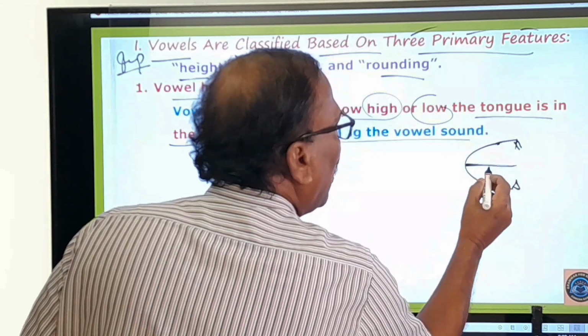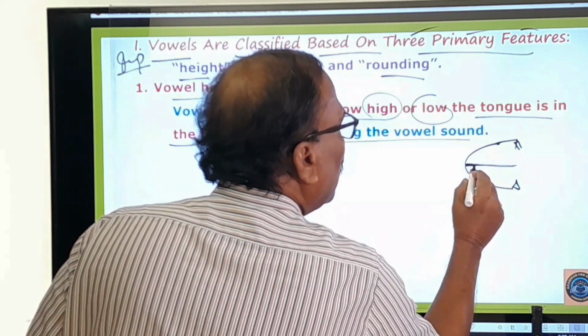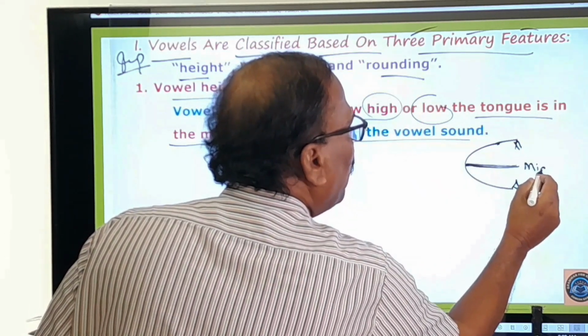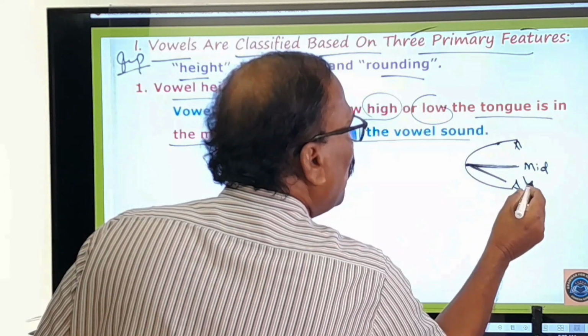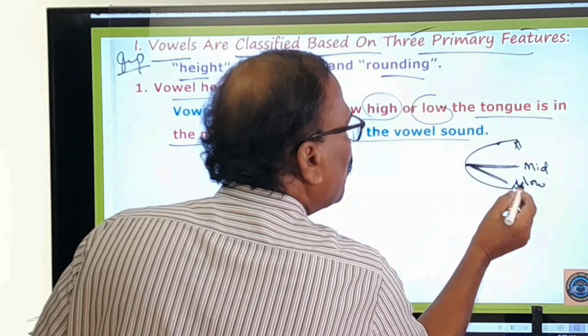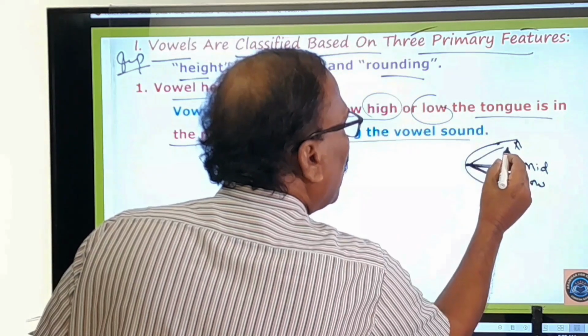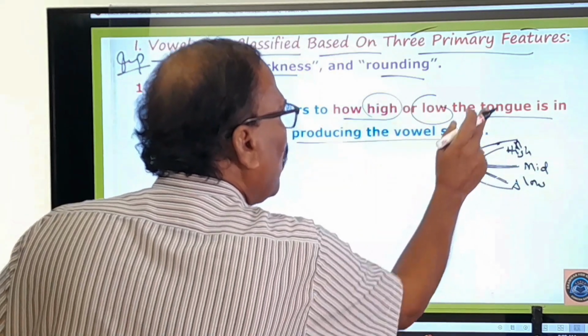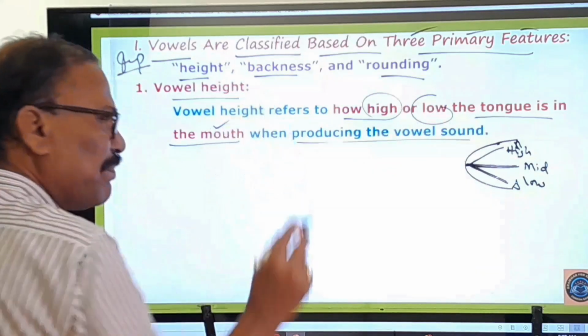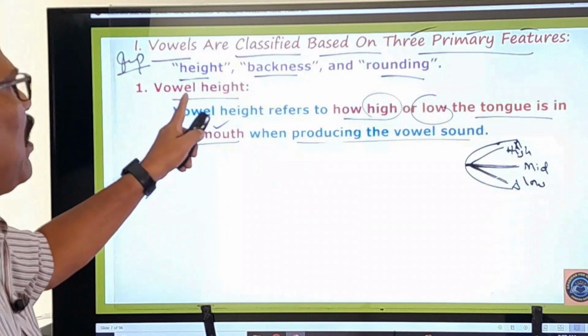This tongue is in the middle position, and it comes down. Certain vowels are produced when the tongue comes to the low level, and it comes to the high. So this is how high or low the tongue moves in the mouth. That is called vowel height.